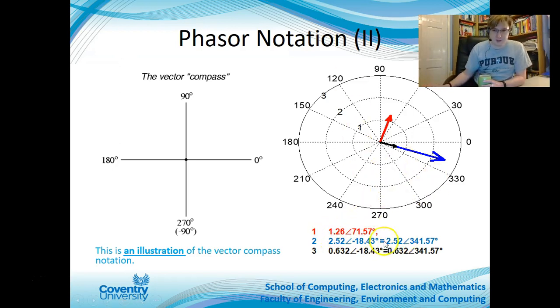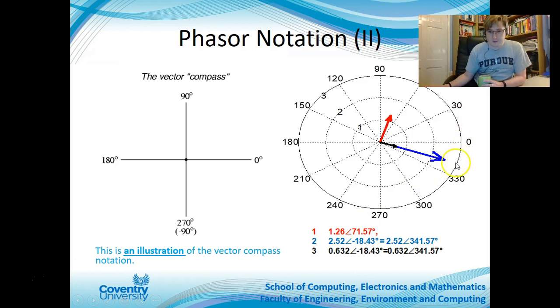So if we look at number 2, which is the blue one, it's 2.52 at the phase angle of minus 18.43. Sorry about that. So its length is 2.52, and it's got a minus 18 degree angle.